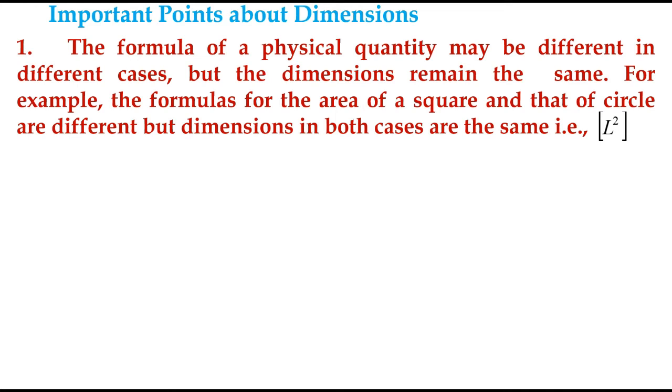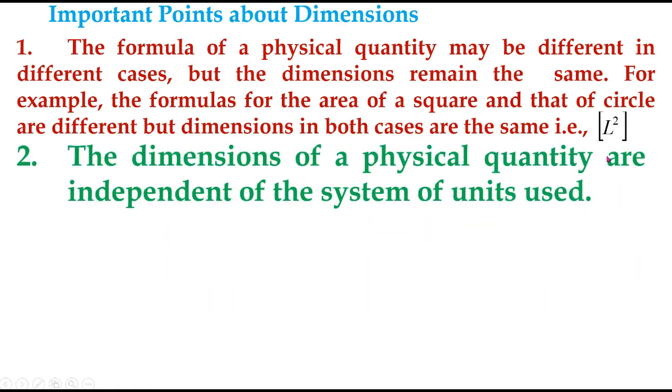But dimensions in both cases are the same. The dimensional formula for area of square is L squared and for circle also L squared, that is L^2. Another one: the dimensions of a physical quantity are independent of the system of units used.